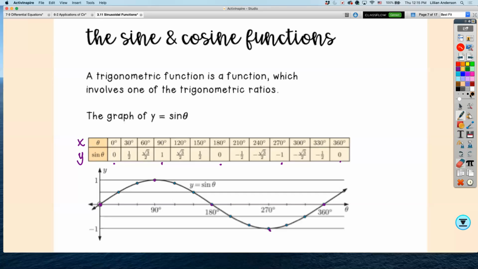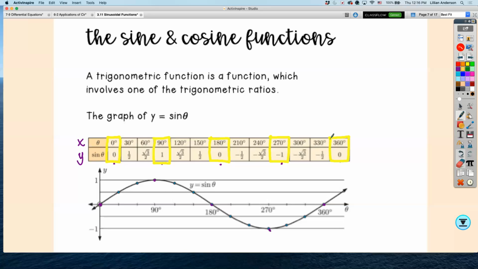Yes, I do remember. The ones that you need to be concerned about are those that I highlighted from the beginning. 0 degrees, 90 degrees, 180, 270, and 360. Why are these the important ones?